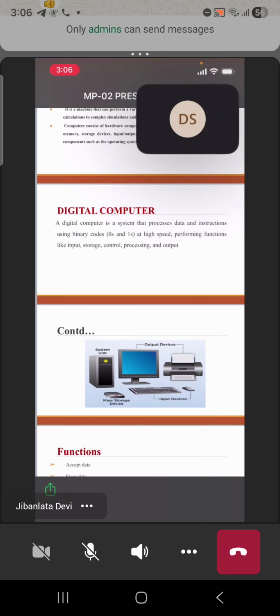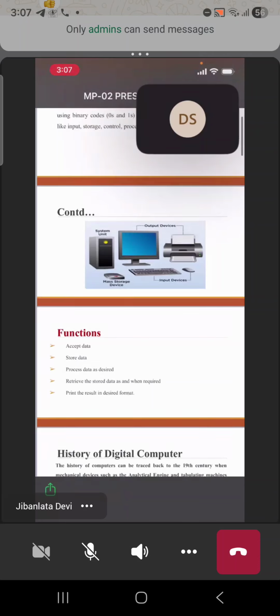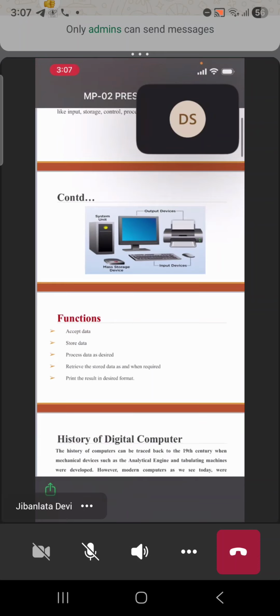Whatever instructions we give to the computer are processed, and then the useful information is given to the user as output. So this is a picture of a computer system.